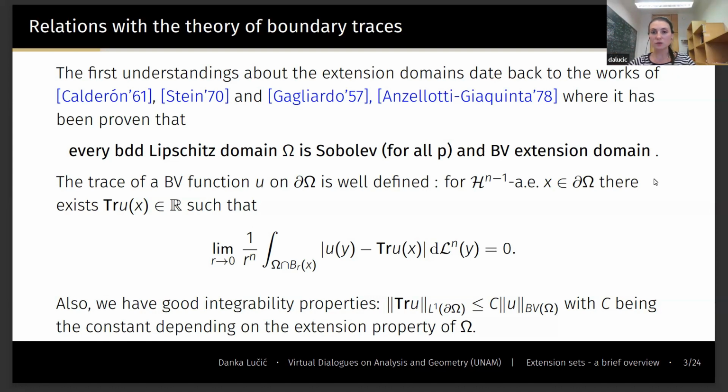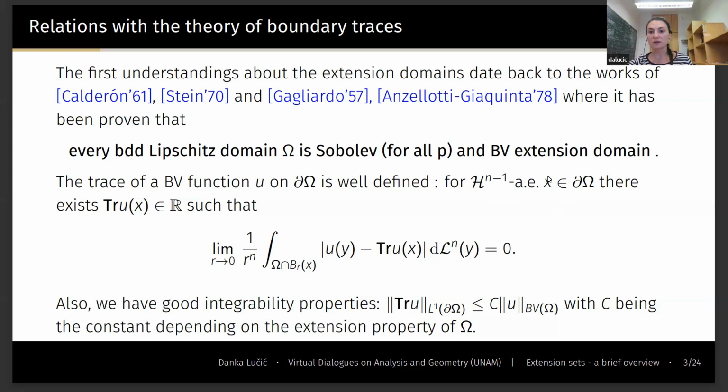What does this mean? It means that for H^{n-1}-almost every point x at the boundary, there exists a value such that the average integral over a ball, sending r to 0, exists, and the limit of this average integral is 0. So we can prescribe a value to almost every point at the boundary.